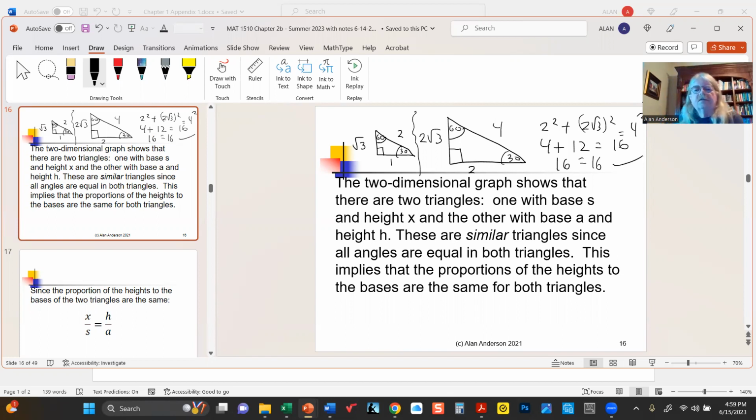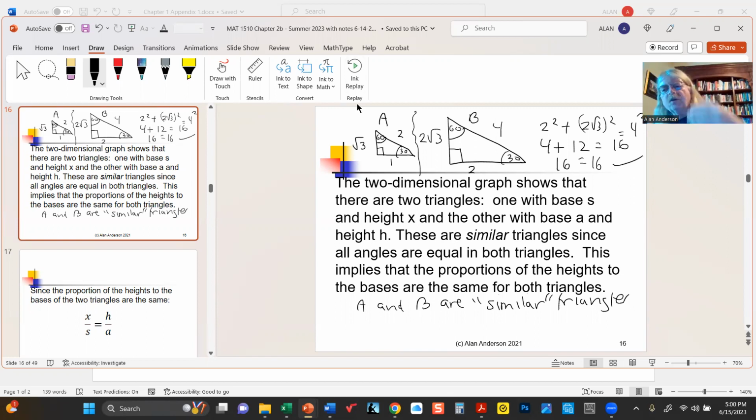So let's say this is triangle A and this is B. So what happens here is that A and B are similar triangles. And so what that tells us is that the proportions of the sides are the same.